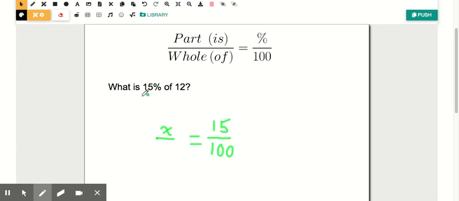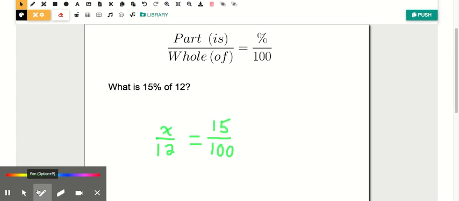So what is 15% of 12? Of 12, so 12 goes on the bottom. 12 represents my whole. There we go, we have that nicely set up now. Now I'm going to do my cross multiplying in order to find out what my part is.